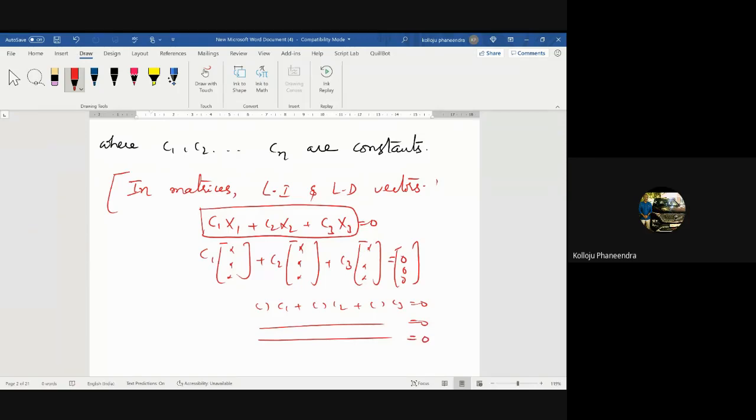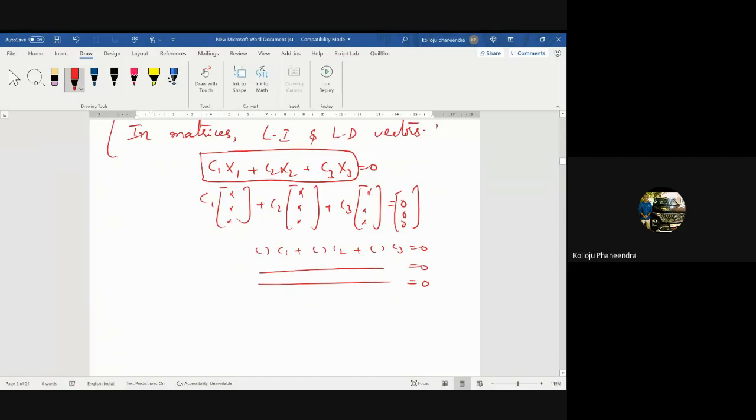Linearly independent, dependent eigenvectors. To decide whether the vectors x1, x2, x3 are linearly independent or dependent, we consider a linear combination of these three vectors, that is c1 x1 plus c2 x2 plus c3 x3 equal to 0. Then if I substitute the vectors, I will get a system of homogeneous equations.